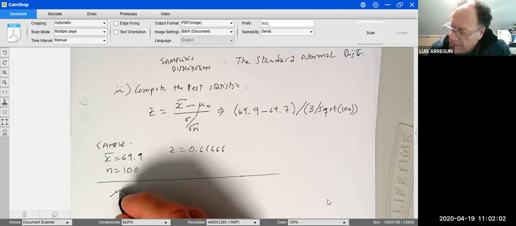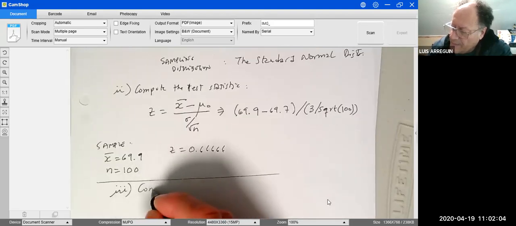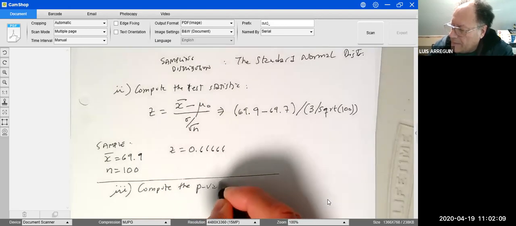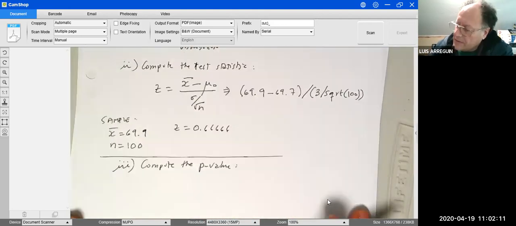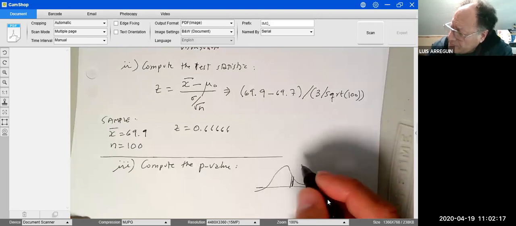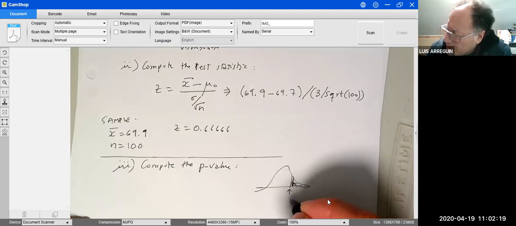The next step is to compute the p-value. You have a right tail test, and this value of z is greater than 0.